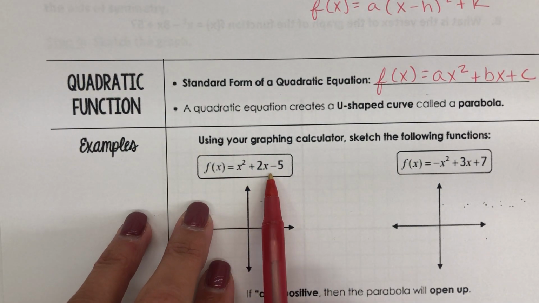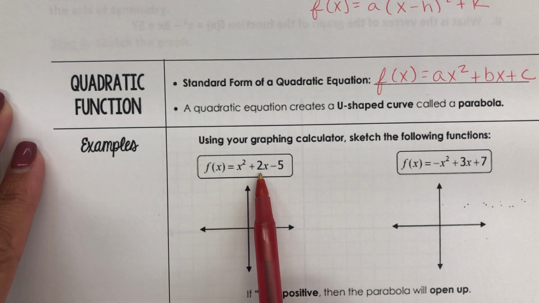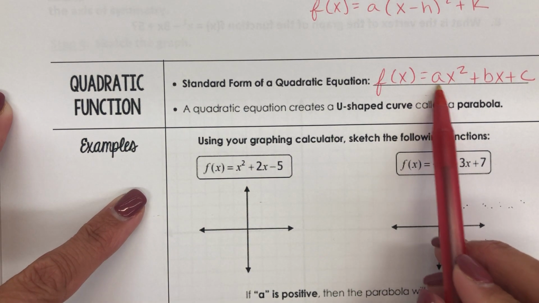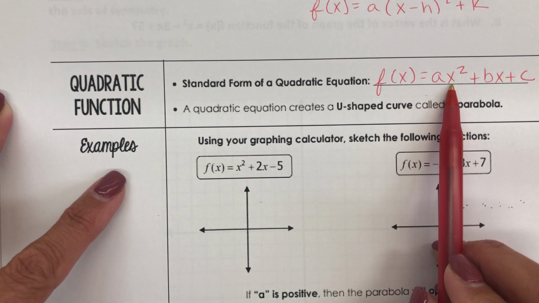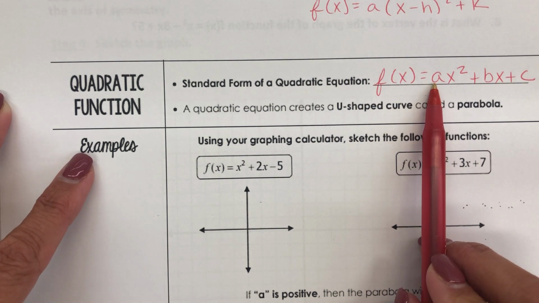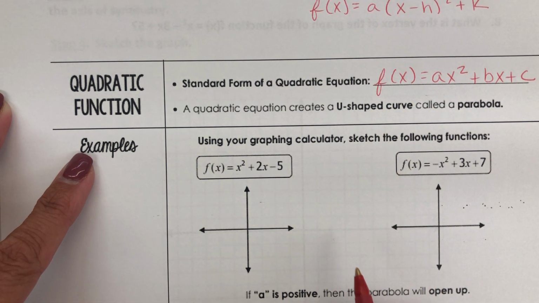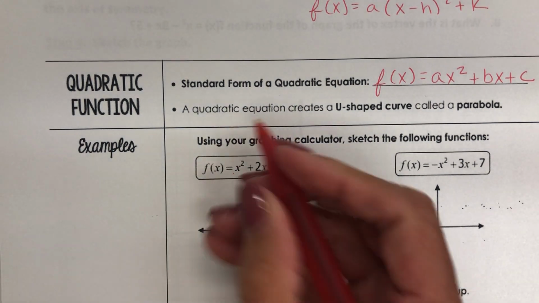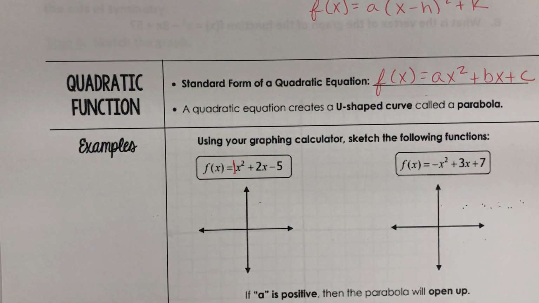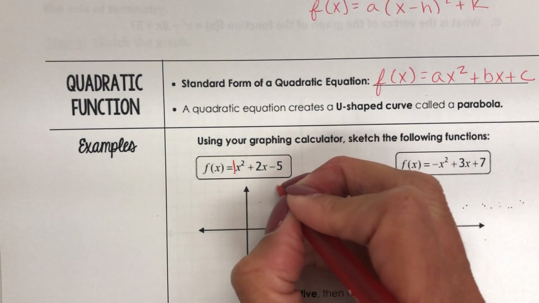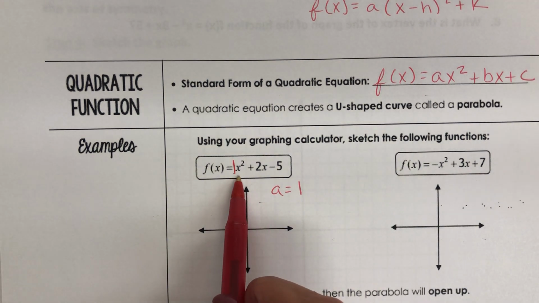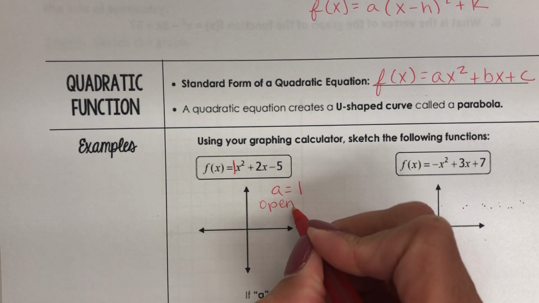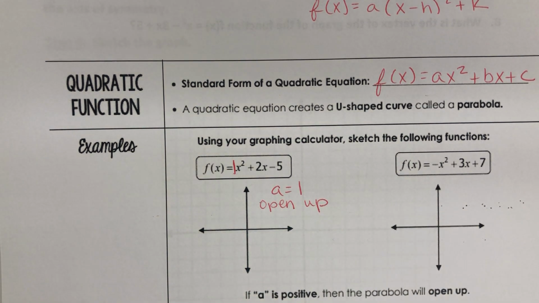Let's look at this example here, x squared plus 2x minus 5. The a, the number in front of the x squared, tells you if the U shape will open up or down. In this example, there's nothing written there, so we'll assume a is 1. So a is 1, and it's positive, which tells me that this parabola is going to open up.